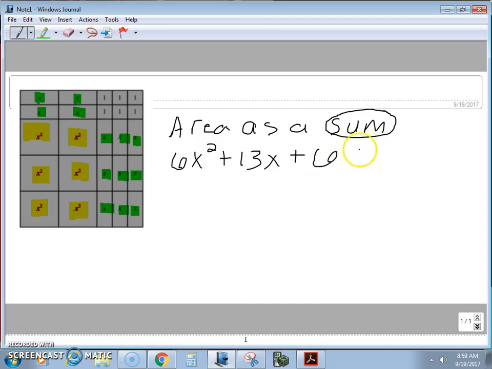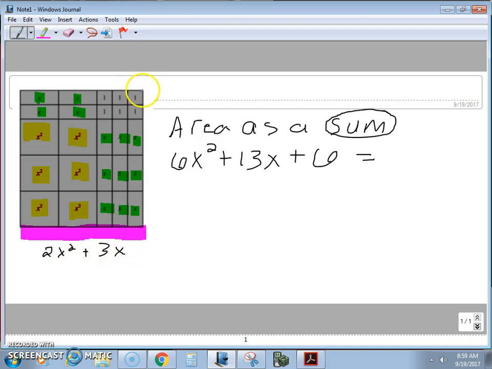And it wants me to set that equal to the product of its sides. So first I have to figure out how long the sides are. So this side is 2x squareds and then 3 x's. So you can write that as 2x squared plus 3x.